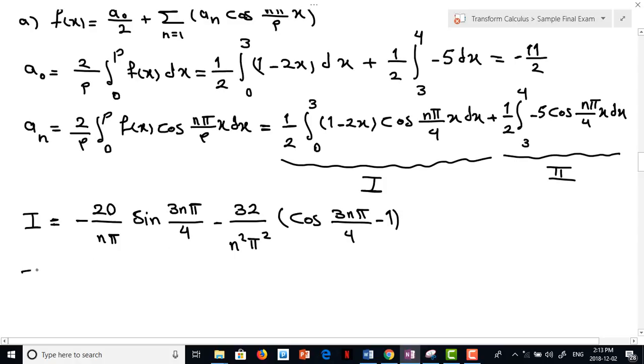And if you find the second integral, it's equal to 20 over n pi times sine(3n pi over 4).